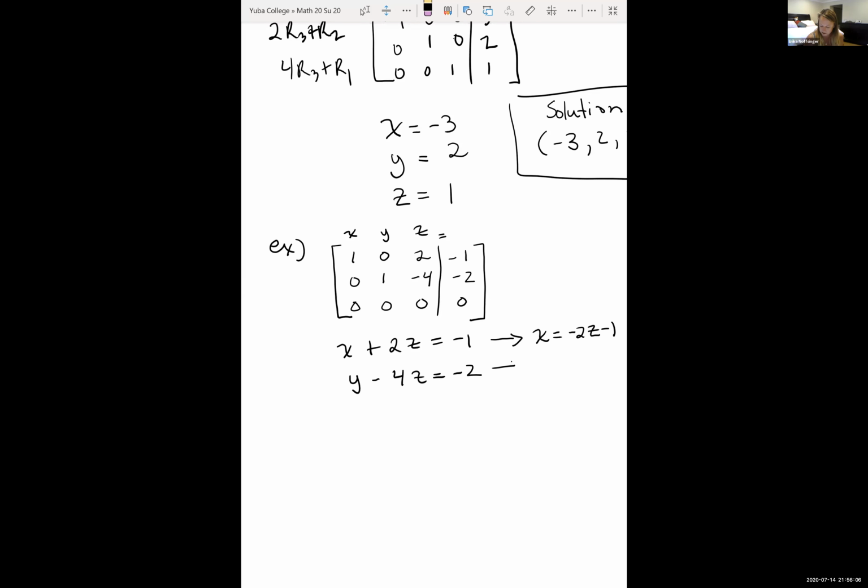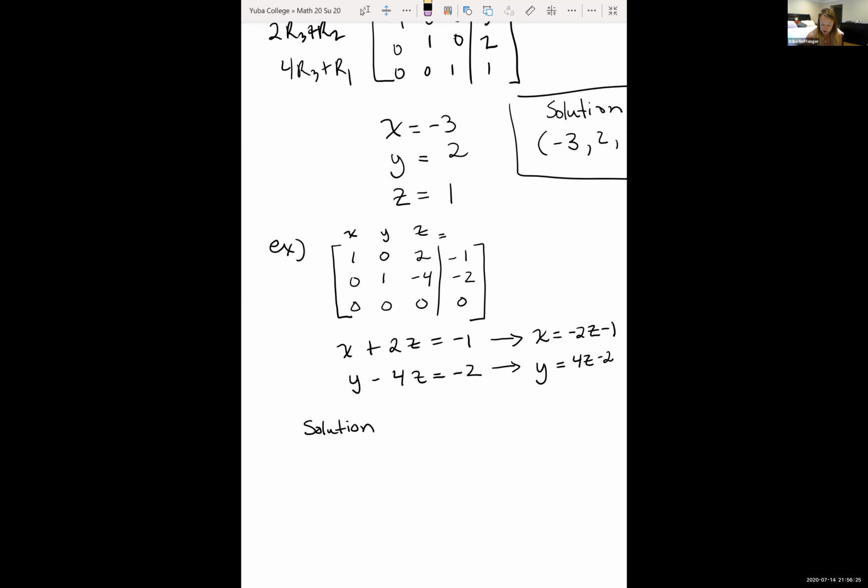And if we solved for y in the second equation, we would add 4z to both sides, and so we would get y is equal to 4z minus 2. So our solution is dependent in this case on what you choose z to be.